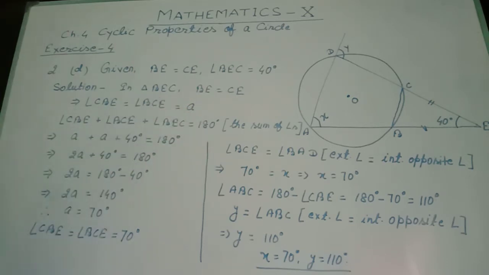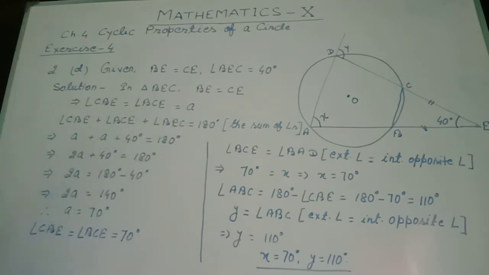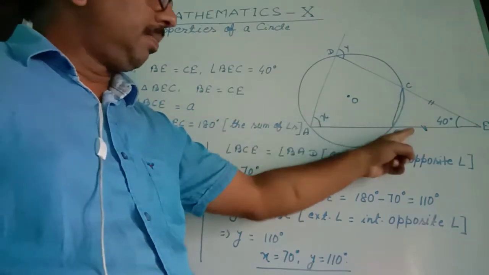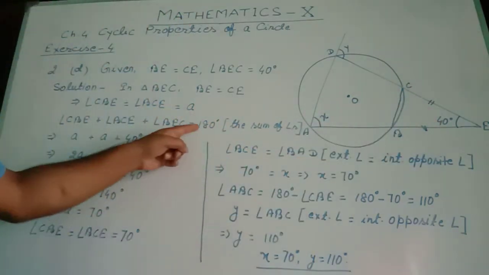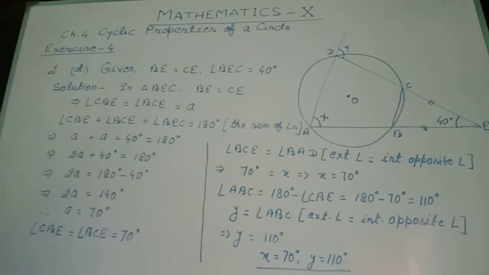In triangle BCE, the sum of these three angles equal to 180 degree. CBE plus BCE plus BEC equal to 180 degree. Reason is the sum of angles.